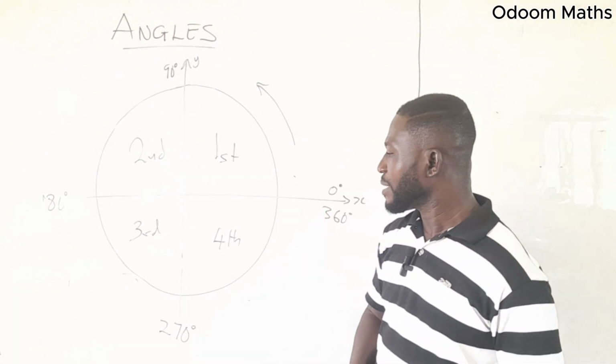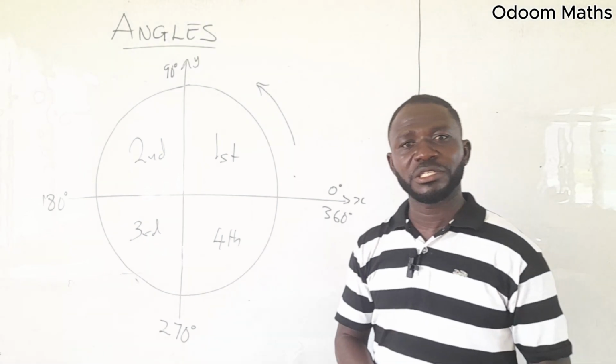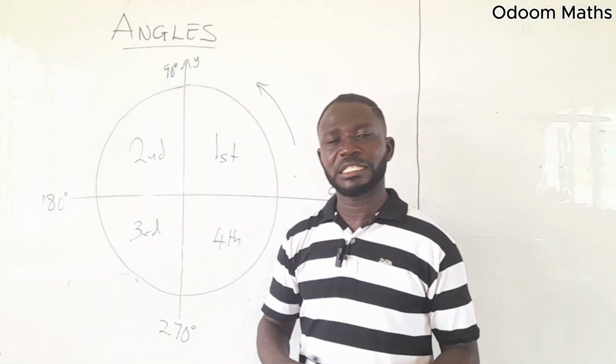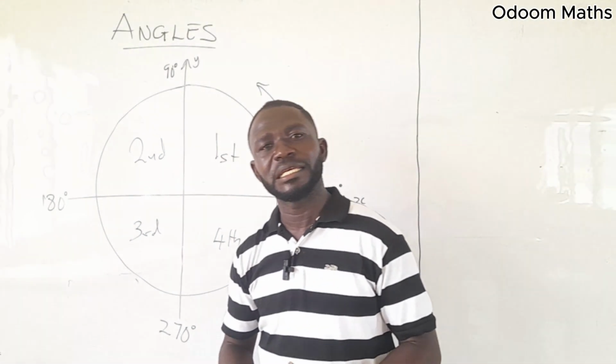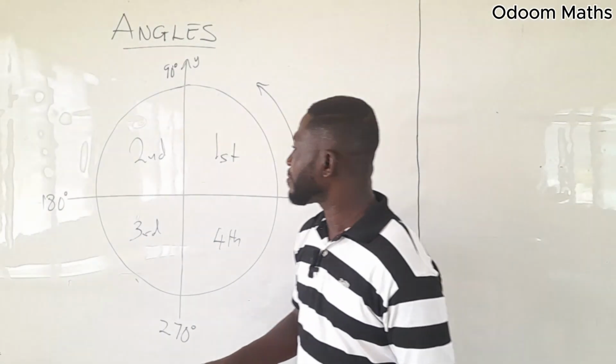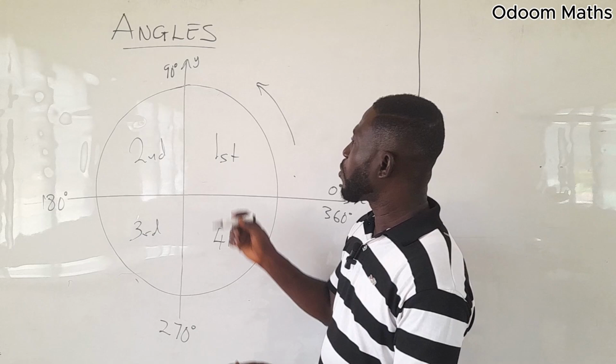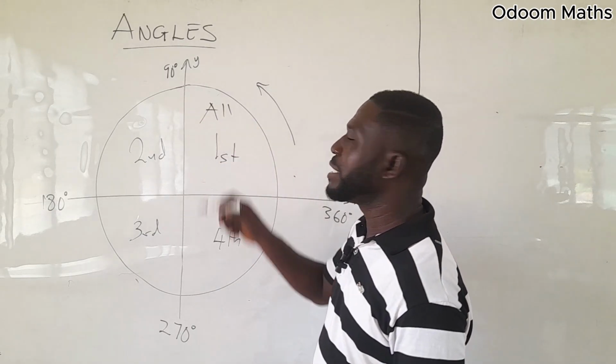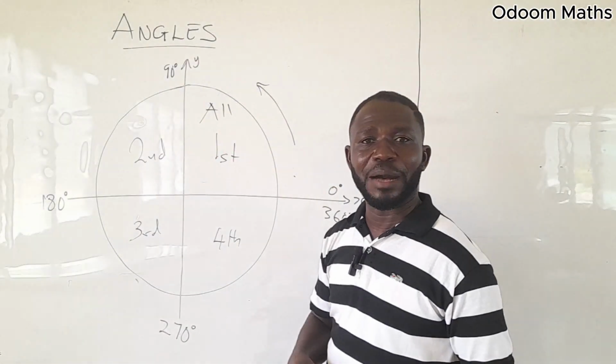Now, let's look at some trigonometric ratios. These are sine, cosine, and tangent, and they have their reciprocal identities. Here we call it all, to mean that all the ratios are positive.